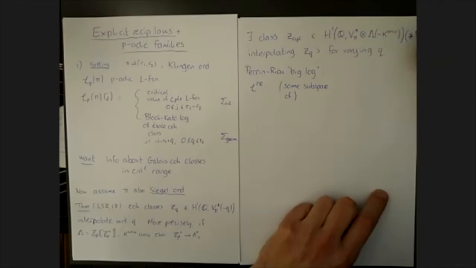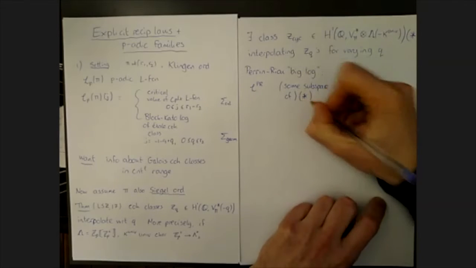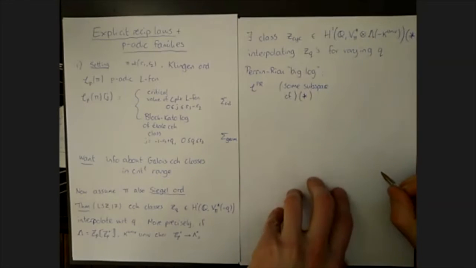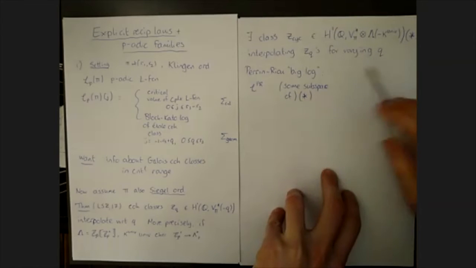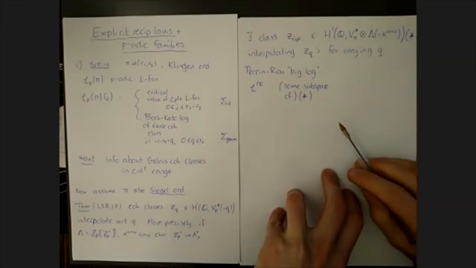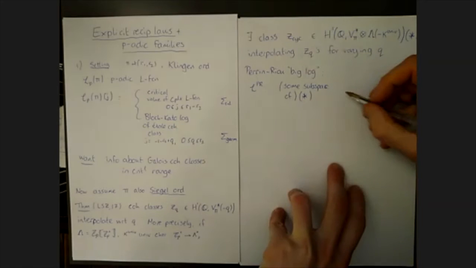So if star is that group, it's a map from some subspace of it to something, but that subspace contains Z_p, so it's okay.